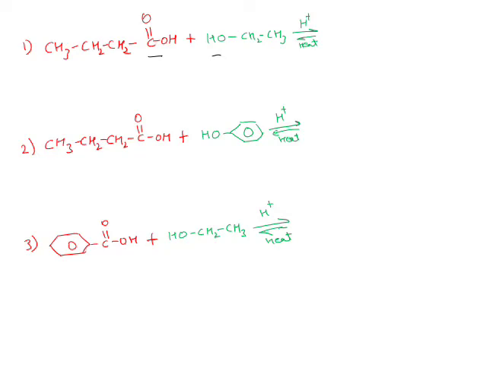So the OH from the carboxylic acid and H from the alcohol are going to come off as water, plus water, and then you're going to get the product CH3, CH2, CH2, C double bond O, and then O, CH2, CH3.